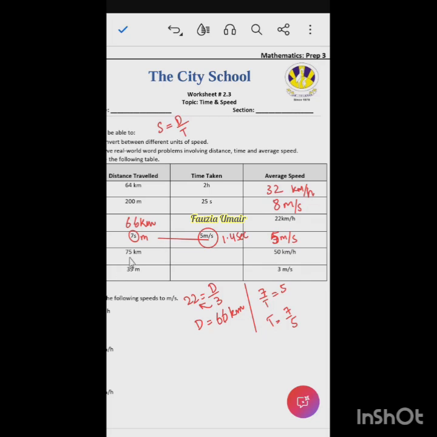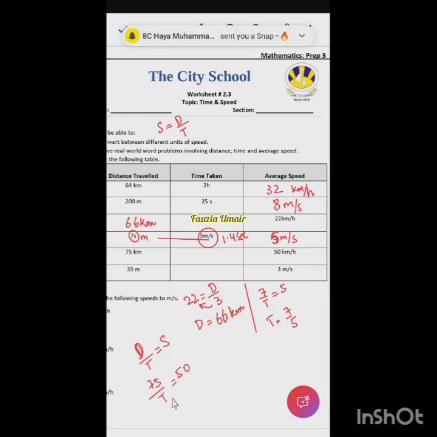Next question is 75 kilometer distance and 50 kilometer per hour speed. If I put them in the formula, distance by time is equal to speed. So distance is 75 kilometer, time is the unknown, speed is 50.